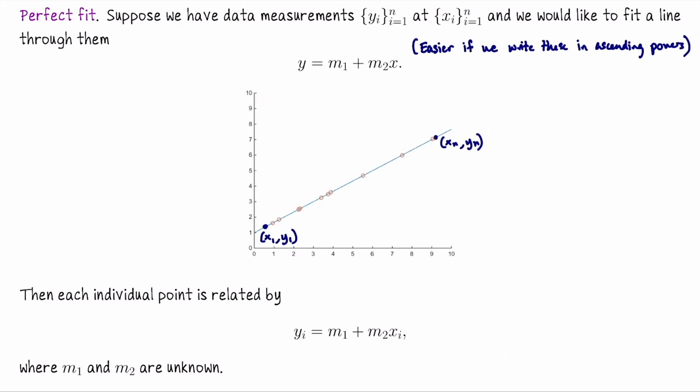So we have y1 equals m1 plus m2x1, that's our first data point on the line. Then the second one we could think of as plugging the y2 value into this equation and getting y2 equals m1 plus m2x2. And then we keep doing that all the way through yn equals m1 plus m2xn.